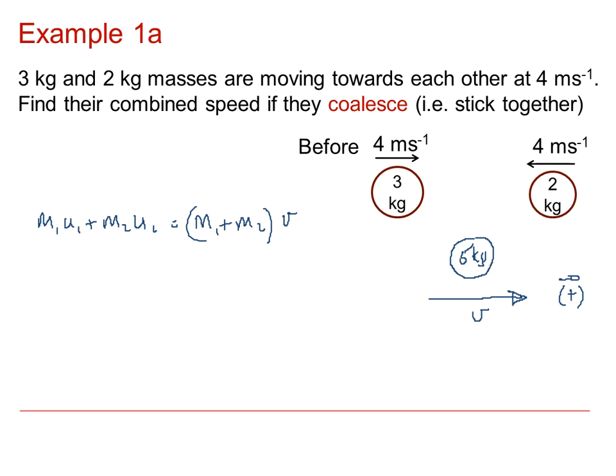So putting in the numbers now, 3 multiplied by 4, and then plus 2 multiplied by negative 4, because the 2 kilogram is moving in the opposite direction, the negative direction, must be equal to a total of 5v. And that gives us 12 minus 8, so 4 is equal to 5v, and therefore we get that v is 4 over 5, or 0.8 meters per second.